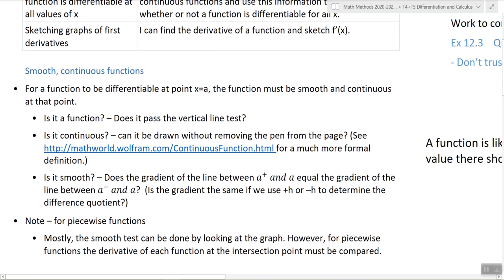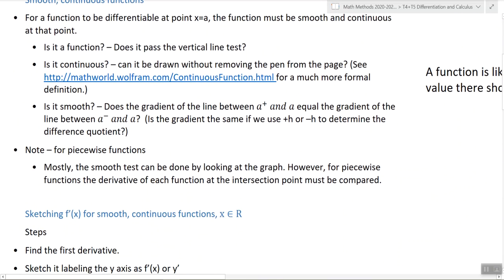Here's another note for piecewise functions. If you're looking at the graph of a piecewise function, like the one I had up on the screen before, it's quite easy to see the gradients are not the same, right? It's quite clear they're not the same gradient. The gradient is the derivative, by the way, if you forgot. Okay?